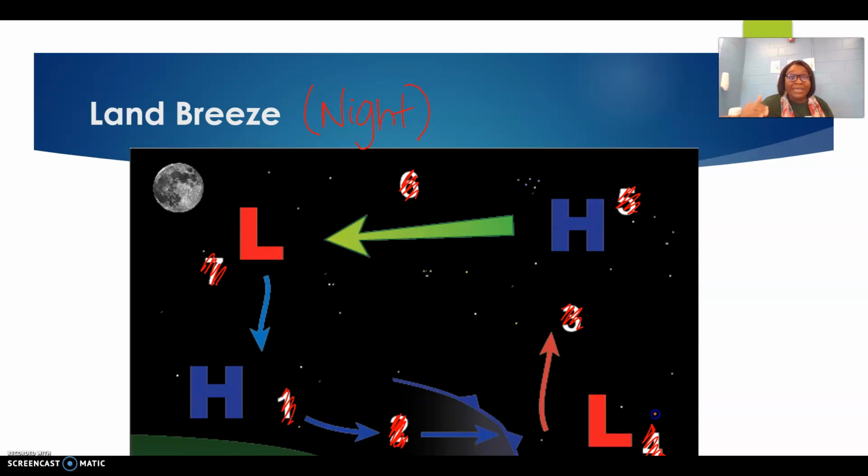So as water heats up, it's going to save that heat all day, and then at night, it's able to release that heat to the now cooler land. Do you see? This helps the land from becoming super cold at night. Water regulates or controls the temperature of any land near it.